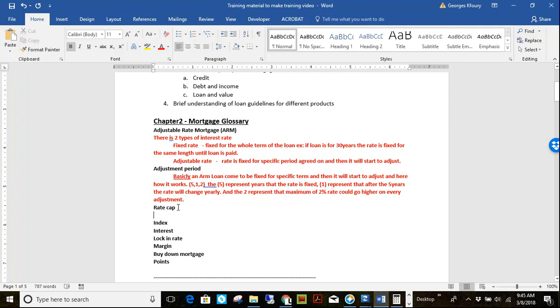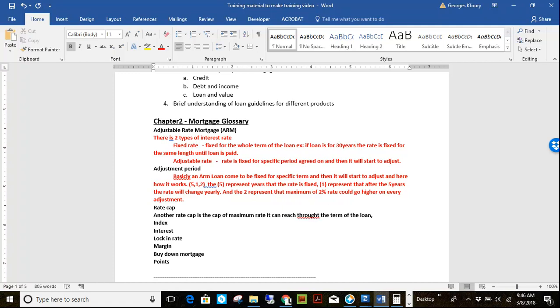But there is another type of rate cap: the cap of the maximum rate it can reach throughout the term of the loan. We would see 6% or 8% on top of the initial rate.